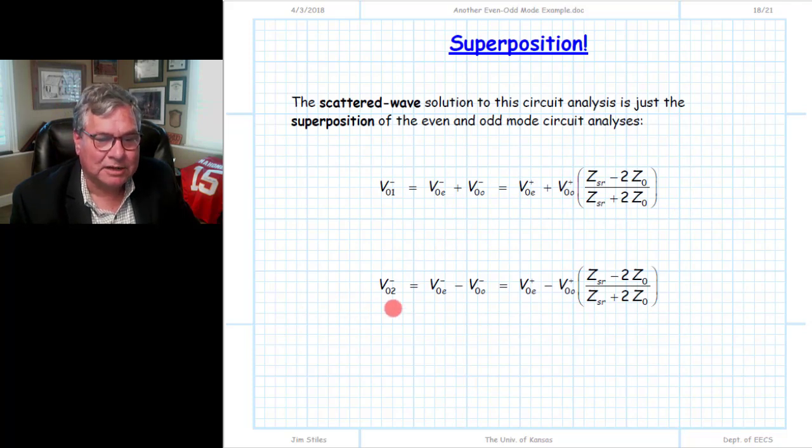For the other side, on the right side of the circuit, where we have the other minus wave amplitude propagating away from the structure, we take the difference between the even mode solution and the odd mode solution. So V0 even minus V0 odd minus.